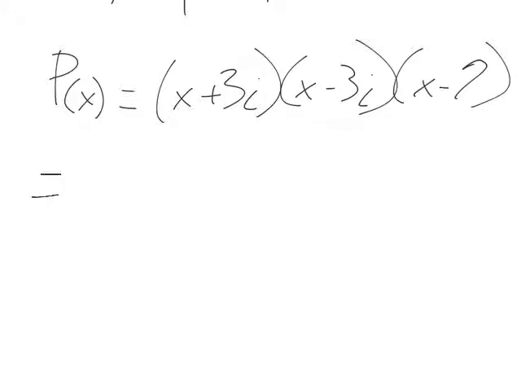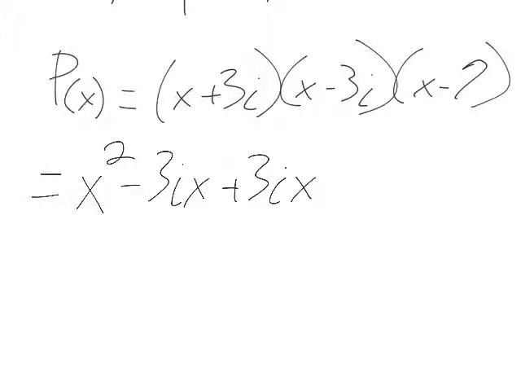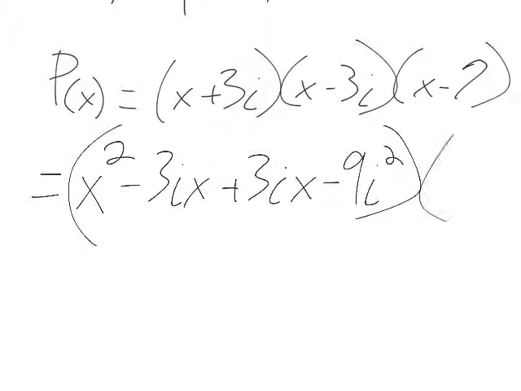So if I multiply those two together by FOIL, x times x, then x times negative 3i for the outer terms, times positive 3i for the inner terms, and then negative 3i and positive 3i multiply together for the last term. I hope everybody remembers what to do with i squared.